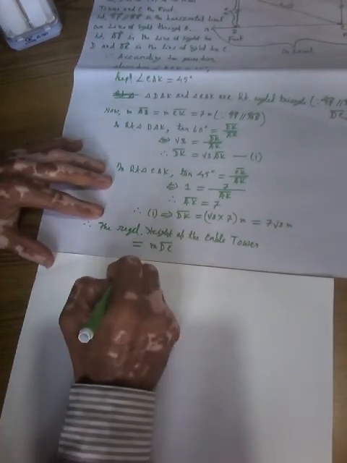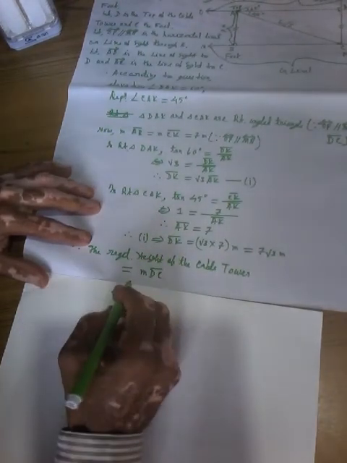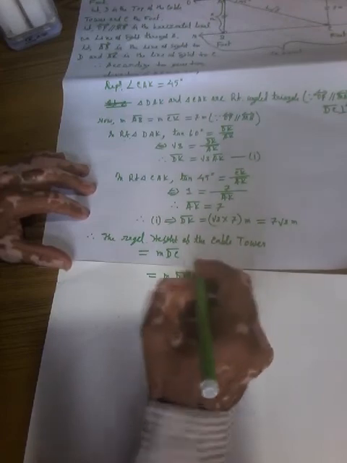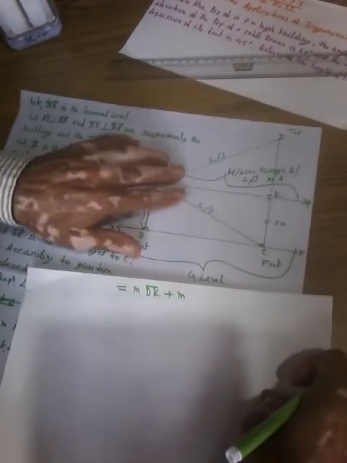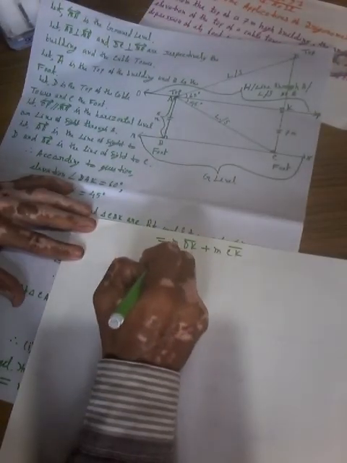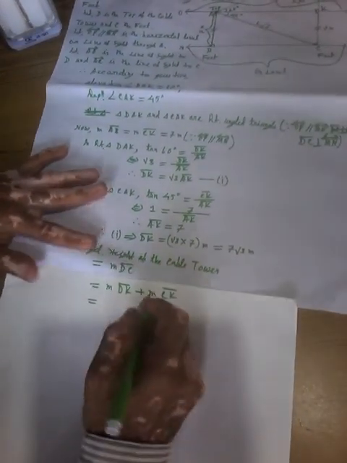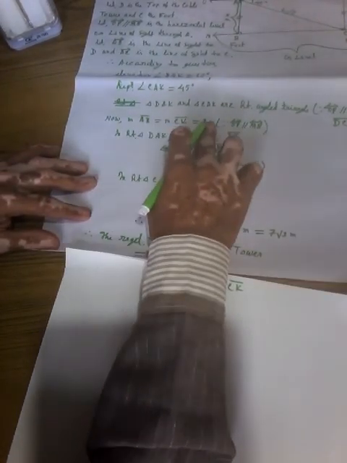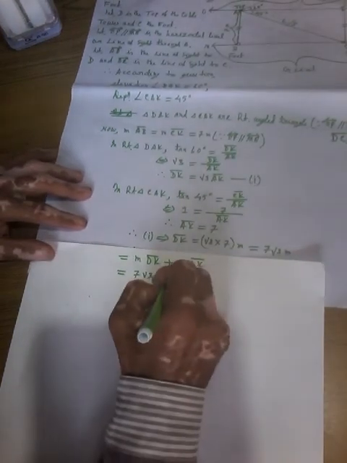Measure of DC means measure of DK plus measure of CK, which is again equal to measure of DK, which is 7 root 3, plus measure of CK, 7 meters.